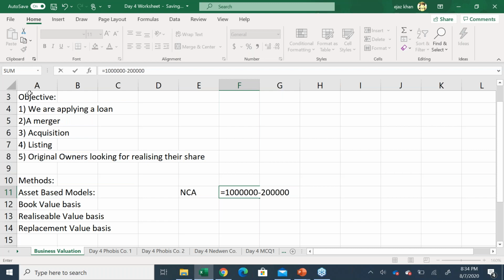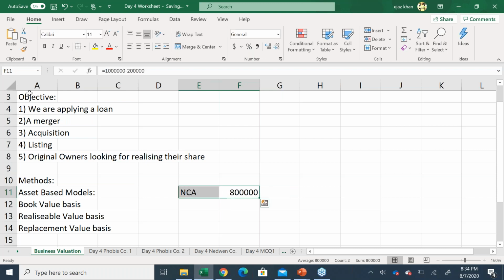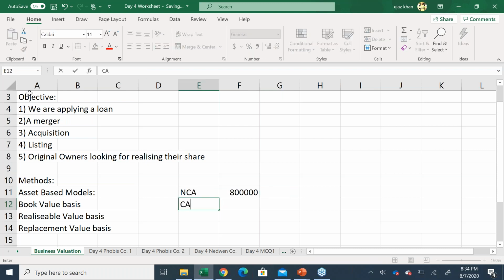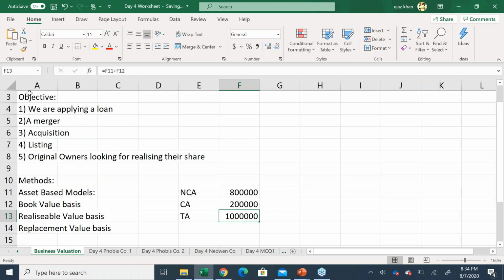So we'll deduct it, and we'll get the book value of the non-current assets. Then we may have current assets in the form of inventory, receivables, or prepayments, let's say $200,000 of current assets. If we add these two, we get the total assets.